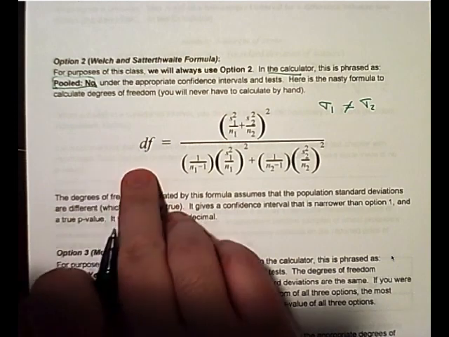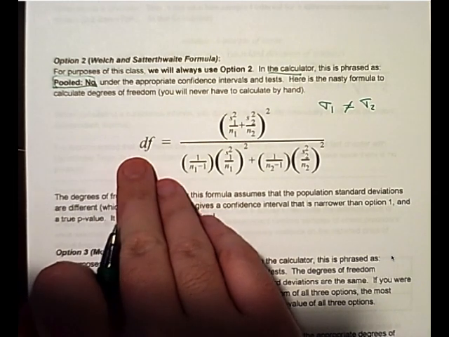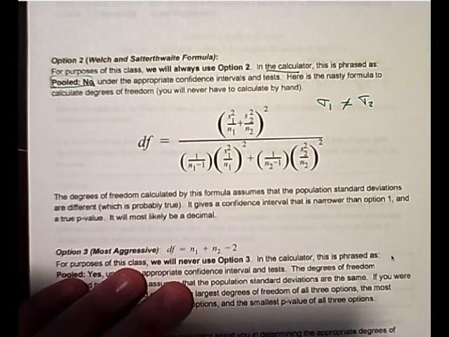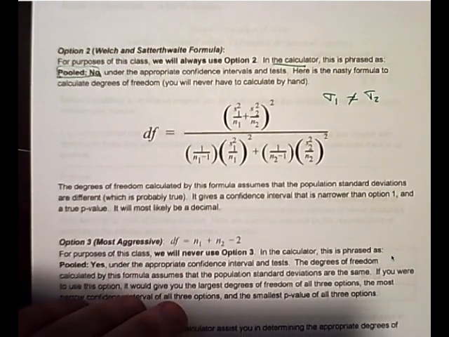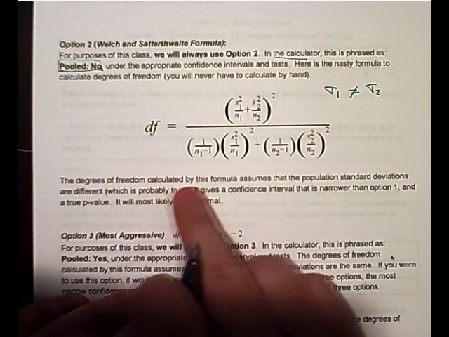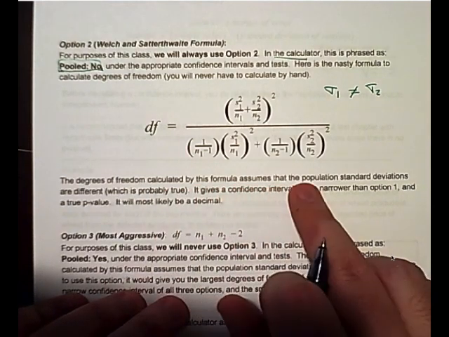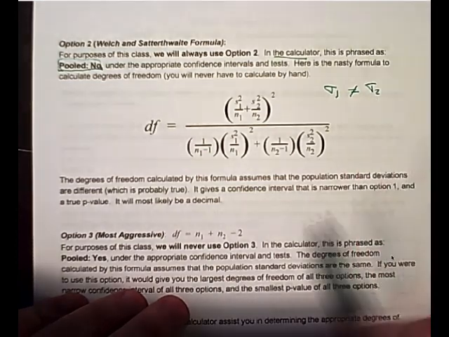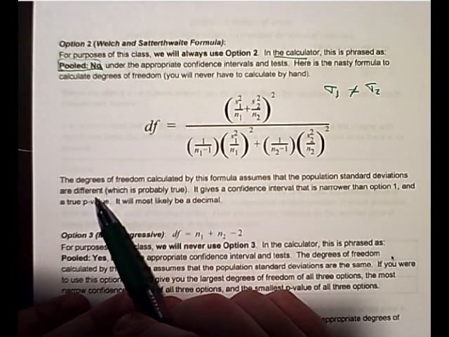So this option is the most appropriate most of the time. That's what this says down here. The degrees of freedom calculated by this formula assumes that the population standard deviations are truly different.